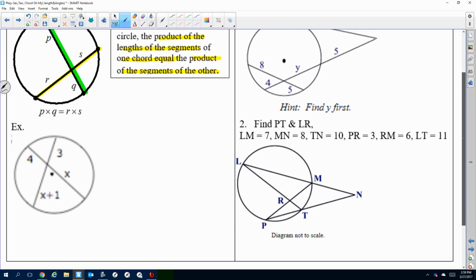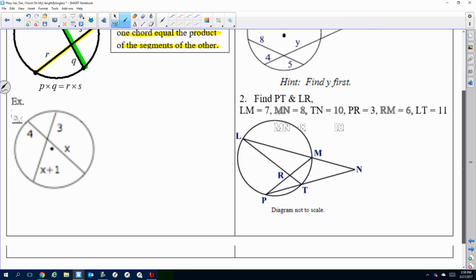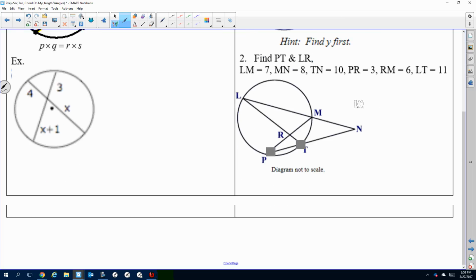All right, so if you look at the example we have, I need the product of the parts to one chord. And it's going to equal the product of the parts to the other chord. I need a chord. Do you see a chord? Yes. Give me the parts. 4 times x equals x plus 1 times 3. 4 times x, those are the parts to one chord, is equal to the product of the other two.